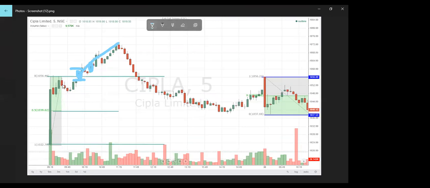So the concept is so simple. When the candle makes one green candle at 9:15 to 9:20, either green or red candle, when the high breaks out, we go for the trade.